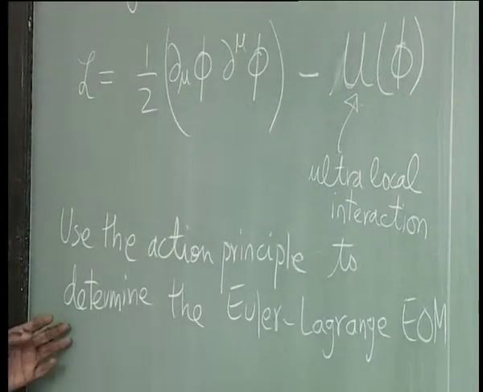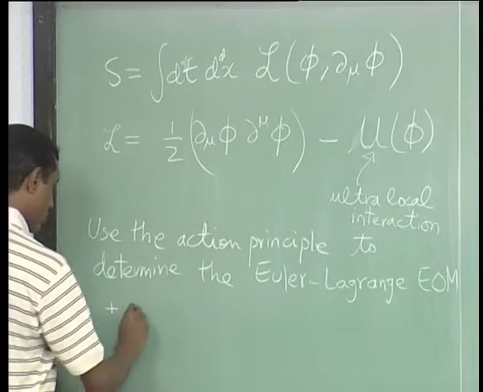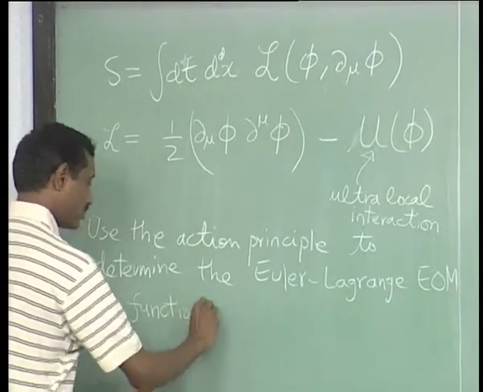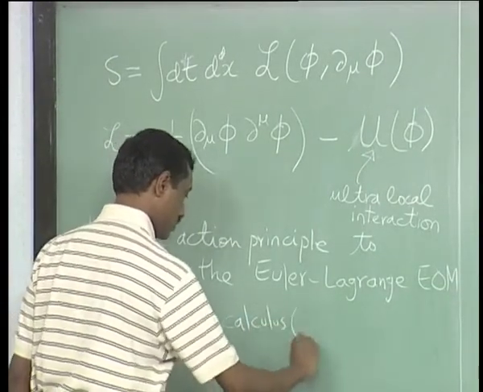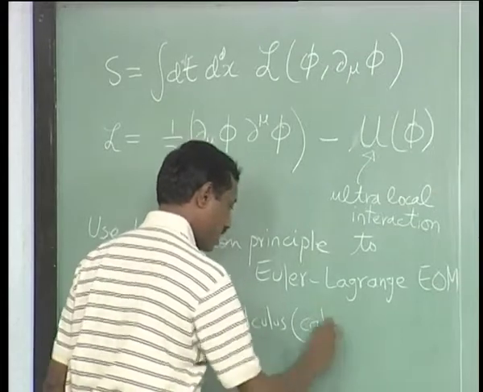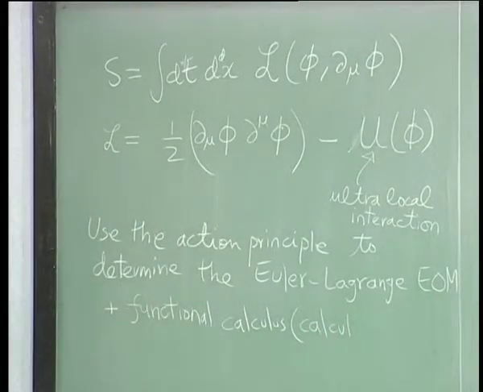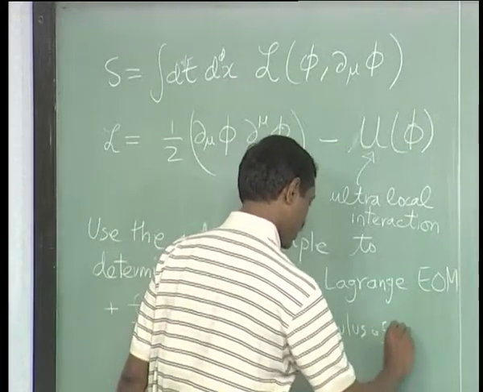So, this is what we need to do. It is fairly straightforward, but what we will do is make a slight detour into what I call functional calculus, but it is probably better to call it calculus of variations, because apparently there is something else in mathematics which is also called functional calculus, which is not quite the same as this calculus of variations.